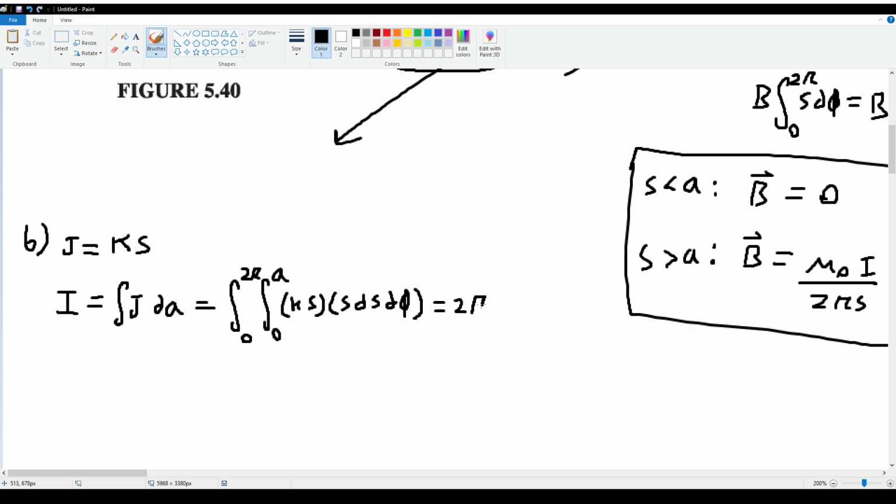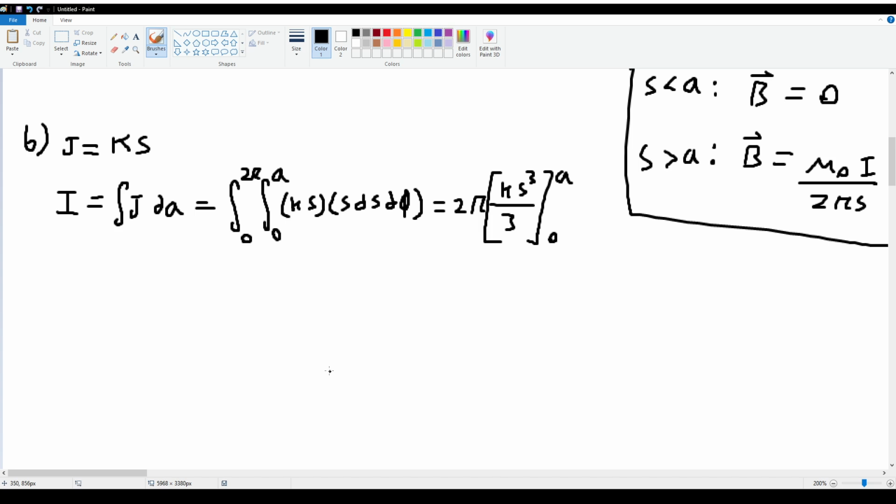So here we'll end up with 2 pi K S to the third from 0 to A, and that will just be 2 pi K A to the third over 3.